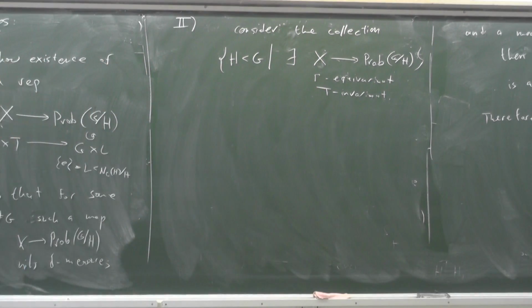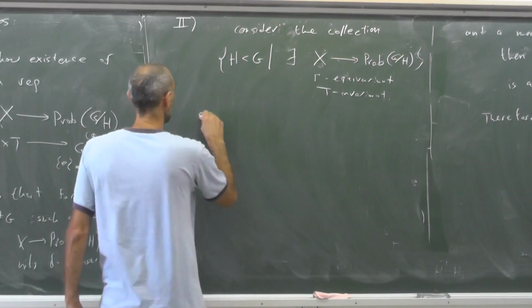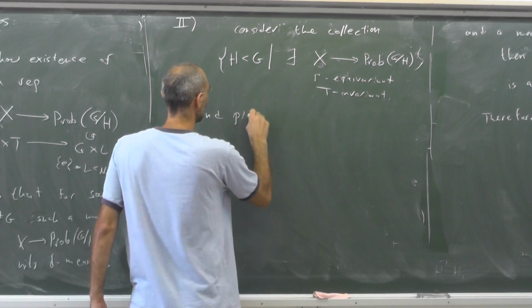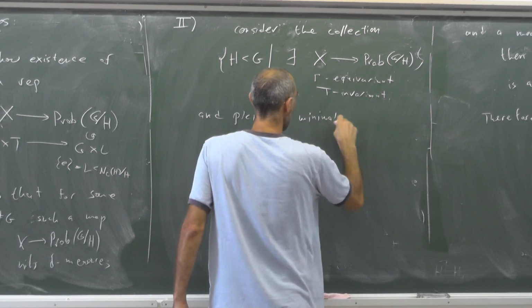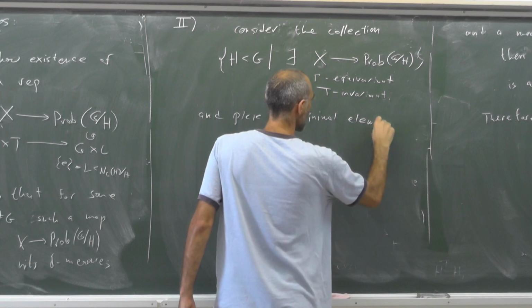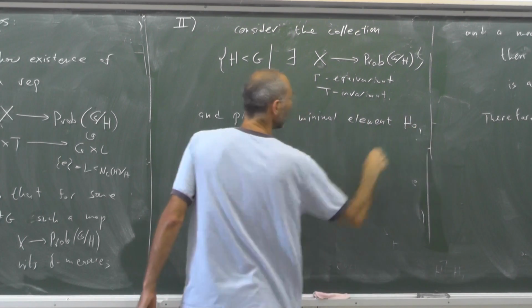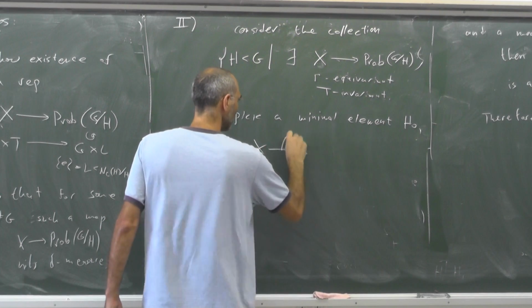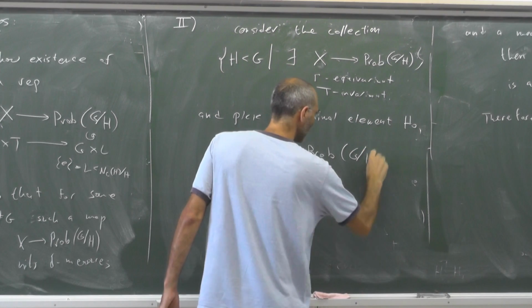All those things that I guess I should have written here. And pick a minimal limit, H0 and phi 0 to all G mod H0.